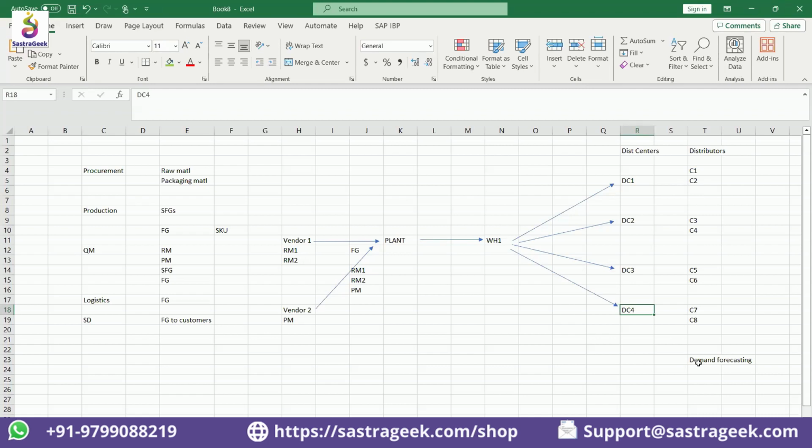Okay. So when we talk about SAP IBP demand planning concepts, we'll get into the details of how I configure and set up the demand management component of IBP, right?